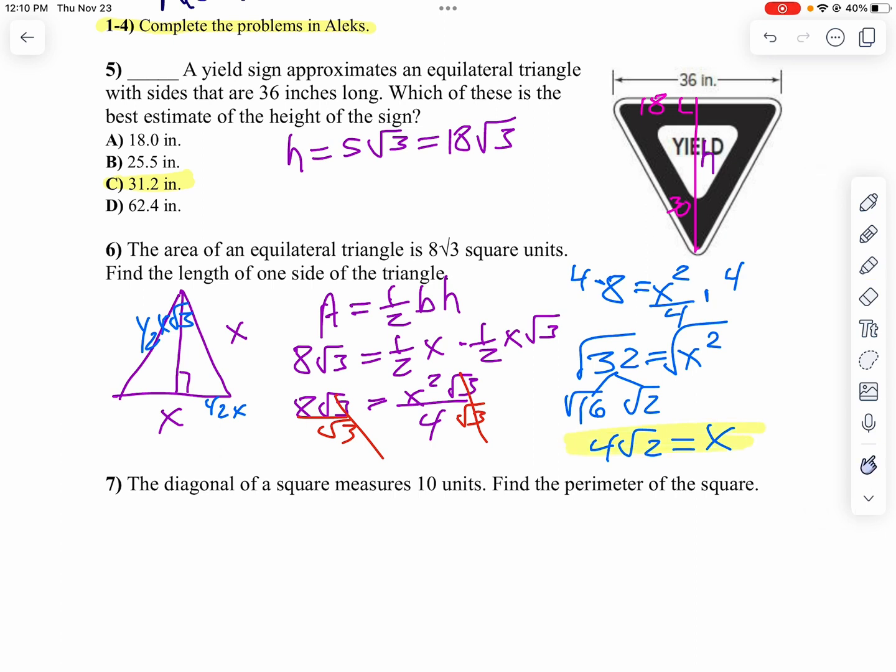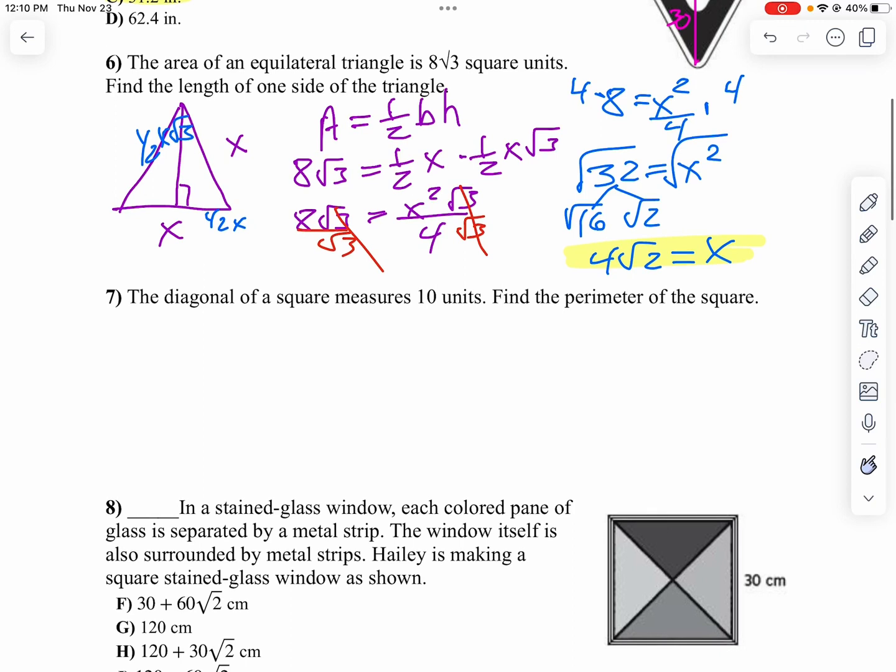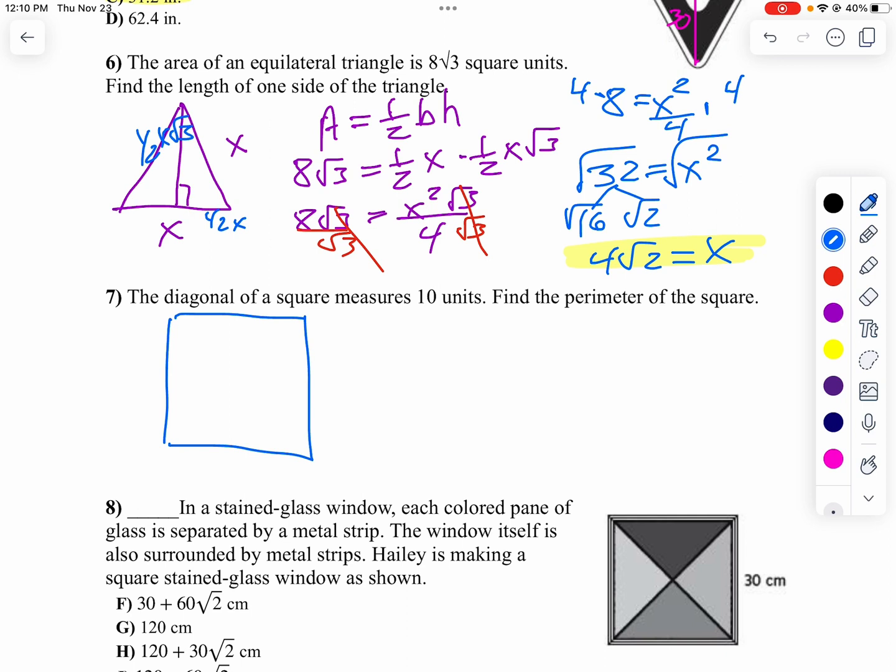Okay, let's take a look at number 7. It says the diagonal of a square measures 10 units. I want to find the perimeter of the square. Well, I do know that this side, x, then, is going to be my diagonal divided by the square root of 2.